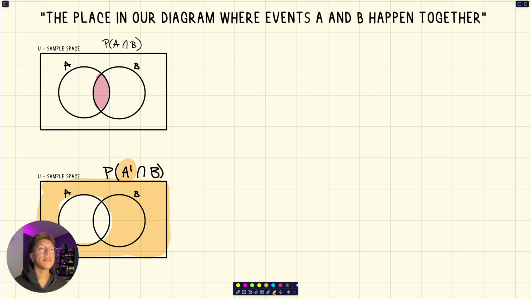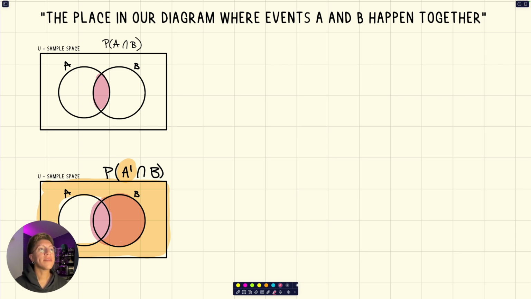And our second event is B. So B is going to be everything inside of the B circle. And so what we can see here is that our overlap area is shown in kind of a brown color.